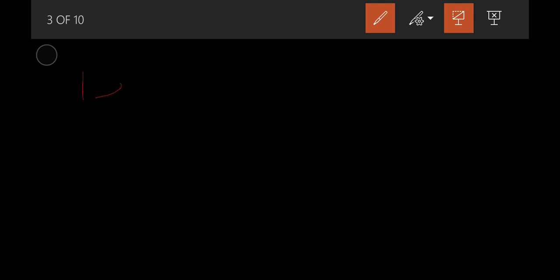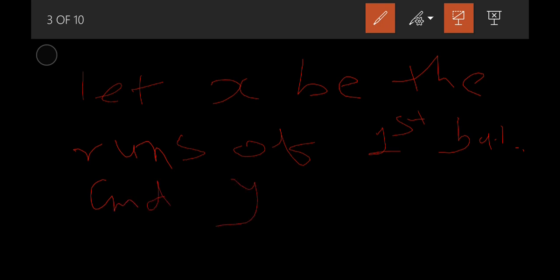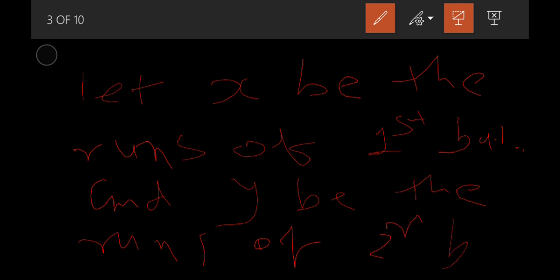let x be the runs of the first batsman, and y be the runs of the second batsman.